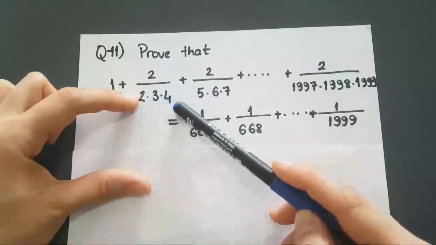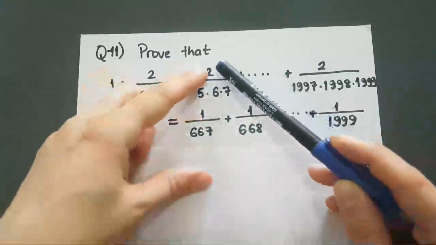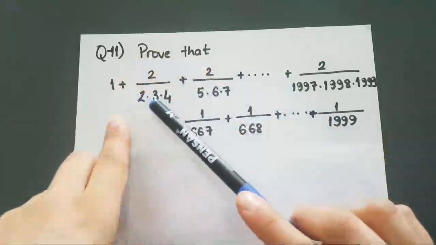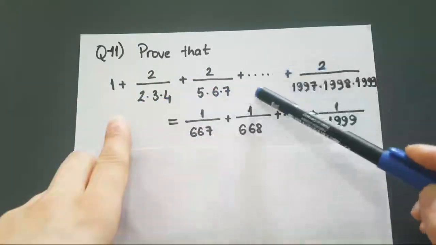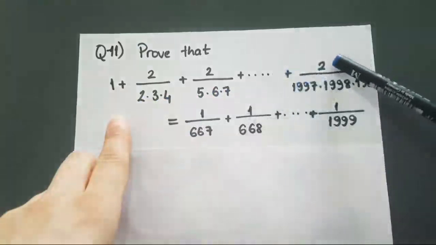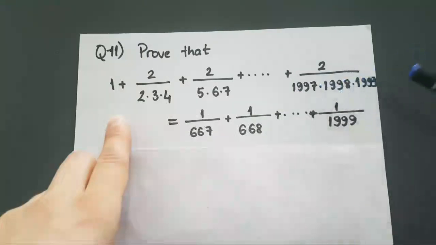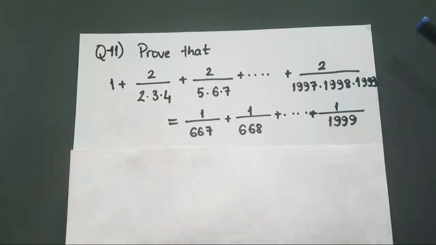Look, 2, 3, 4, consecutive numbers. 2 over 5, 6, 7. So you see 2, 3, 4, 5, 6, 7, and so on until 2 over 1997, 1998, 1999.